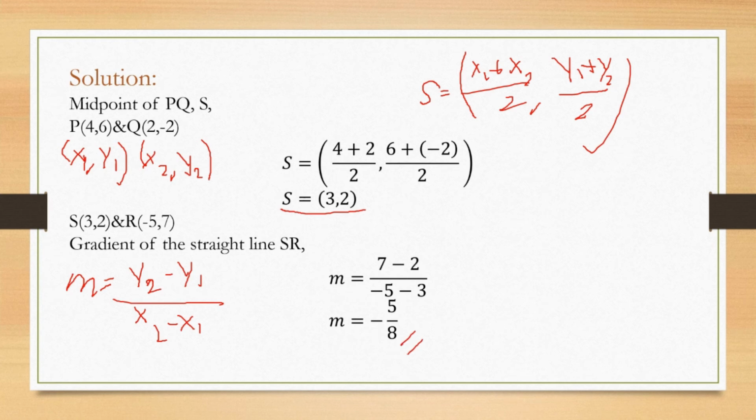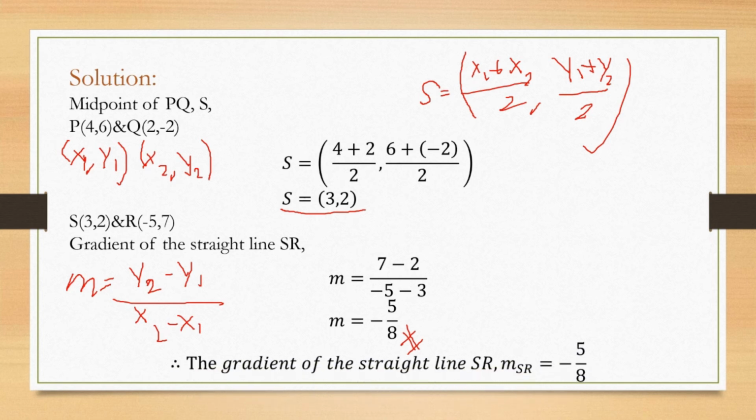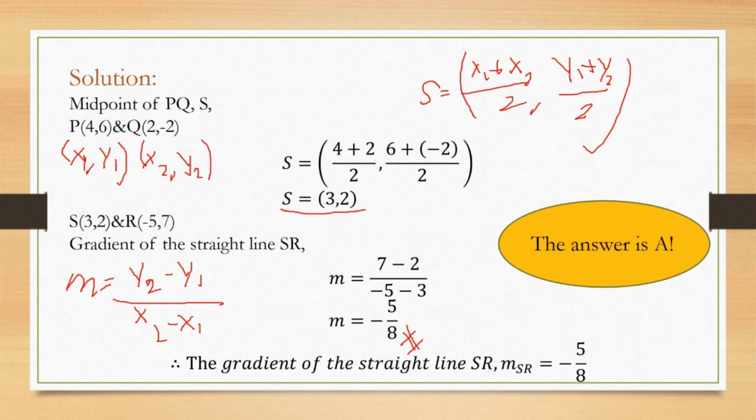So finally, the answer is negative 5 over 8. The gradient of the straight line is negative 5 over 8. The answer is A.